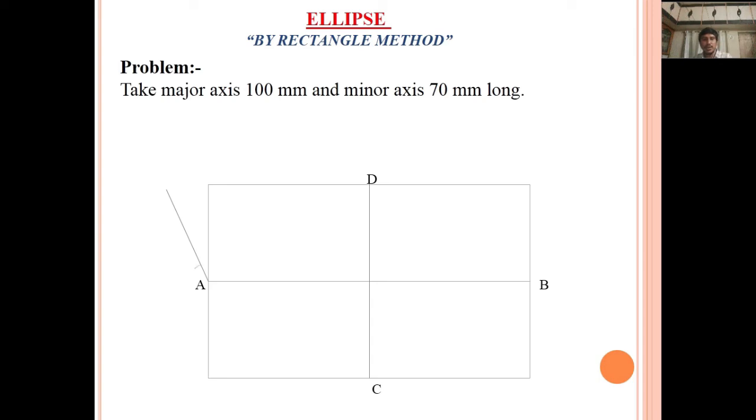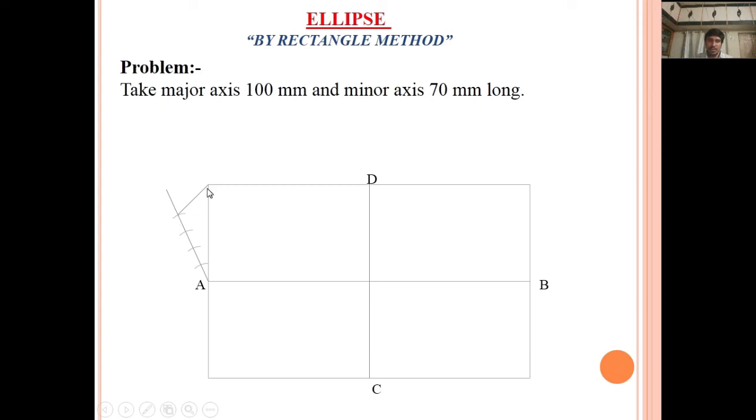4 equal divisions like this, and the end point of this line is connected with the end point of this rectangle line, or this quadrant point.